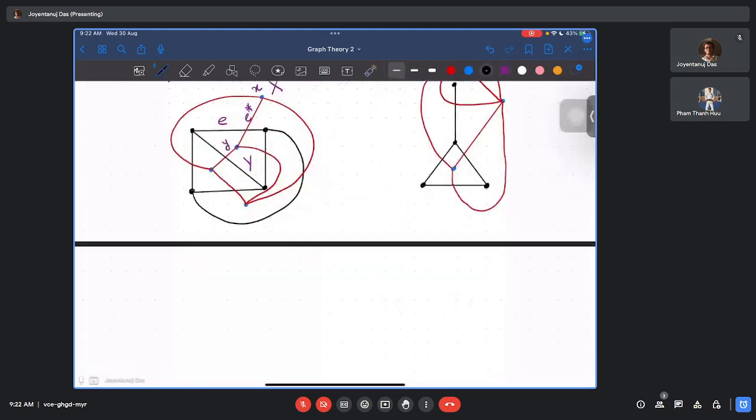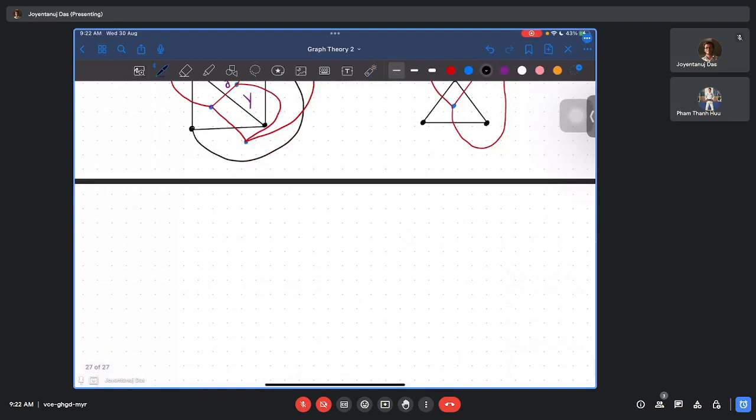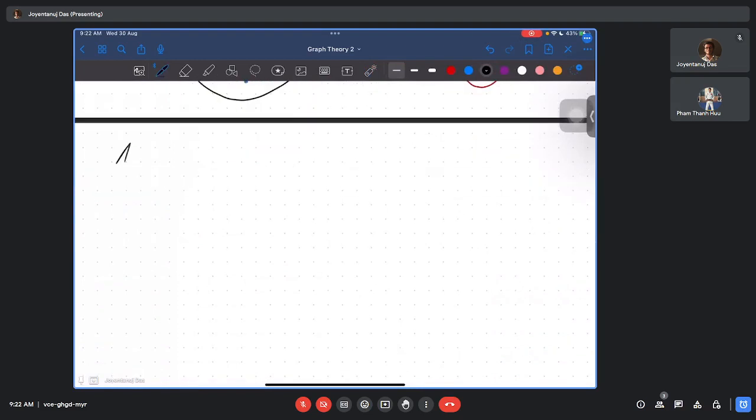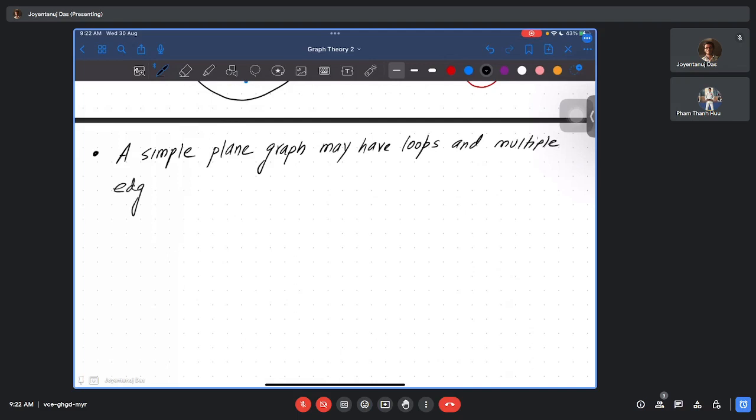So a simple graph, or you can write a simple plane graph, may have loops and multiple edges in its dual.